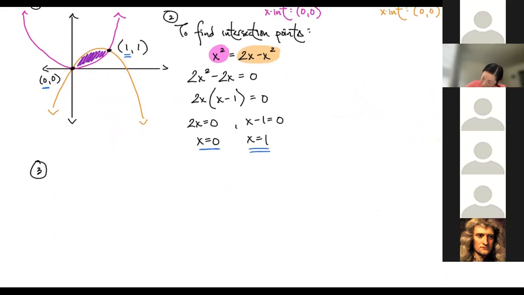Okay. So if we want to find the area, then we're going to have to set up an integral from a to b of f of x minus g of x dx. And that's just a general formula, okay?